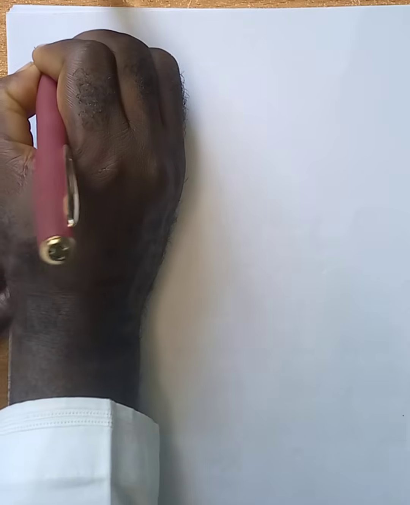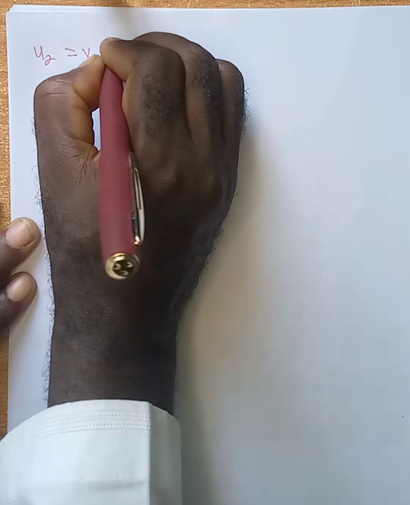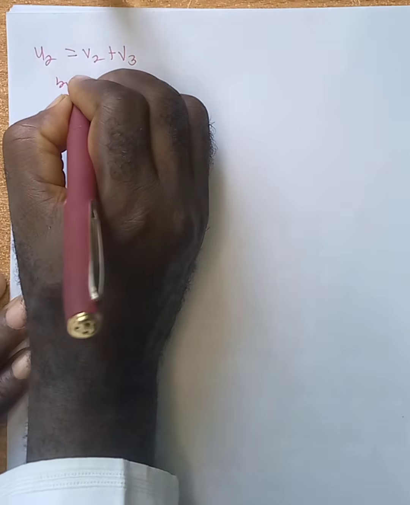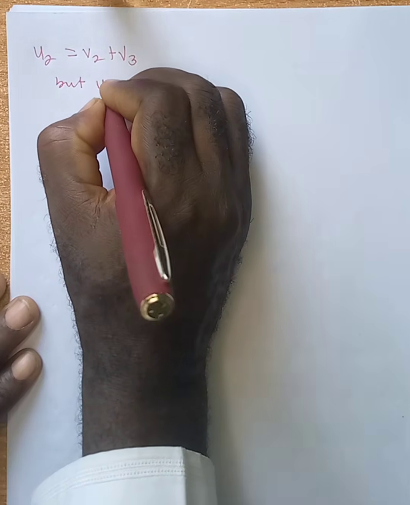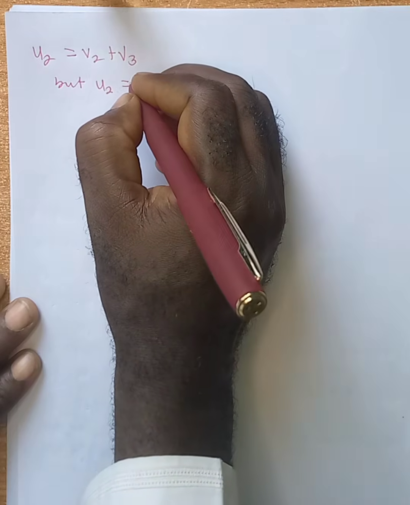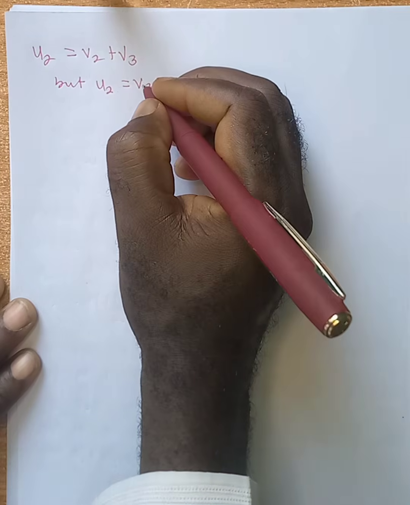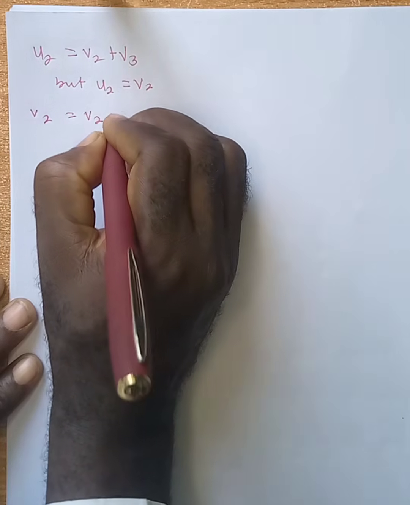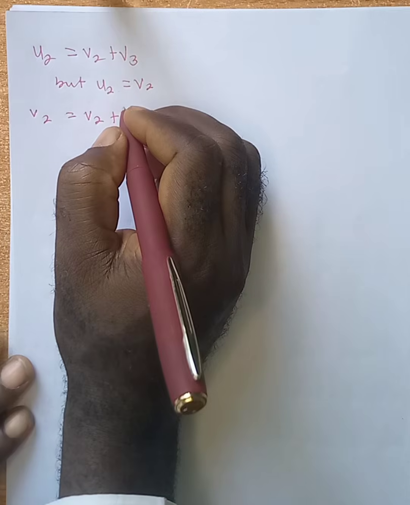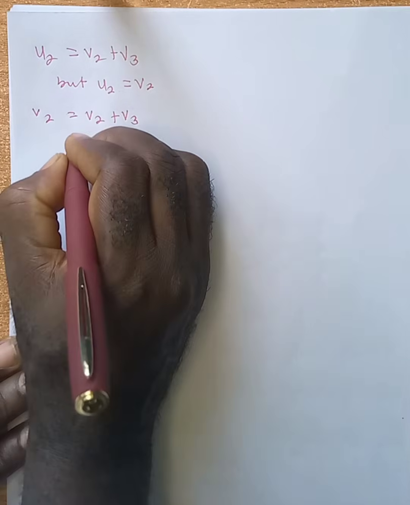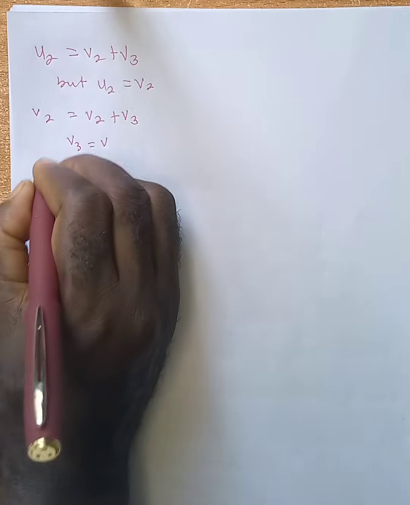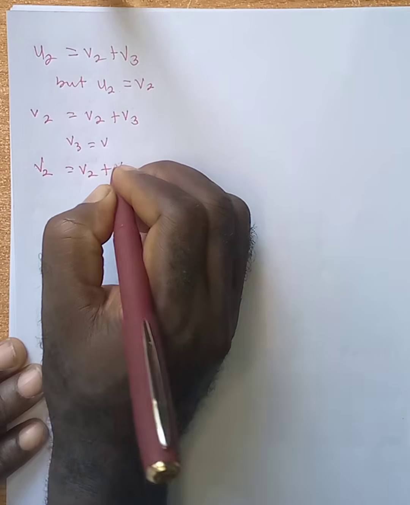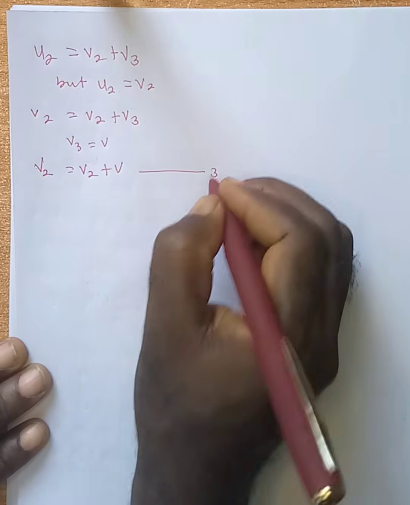So we have u2 is equal to v2 plus v3. But we know that our u2 is equal to v2. Then we now have v2 is equal to v2 plus v3. And we know that our v3 is equal to v. Then we have v2 is equal to v2 plus v. Then we call this one equation 3.